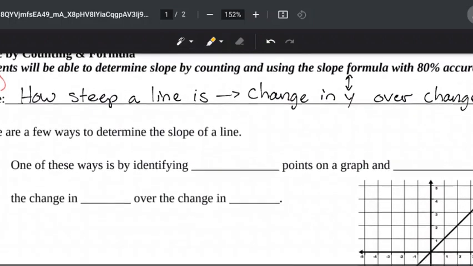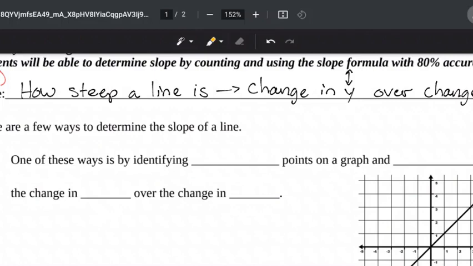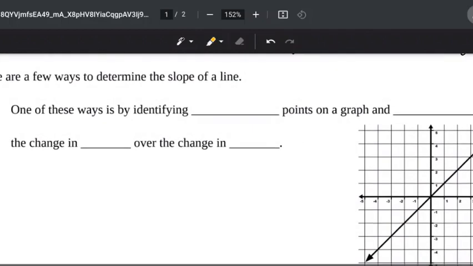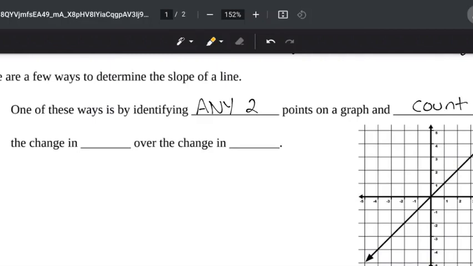Okay. So to go a little bit further, there are a few ways we can determine slope of a line. One of these ways is by identifying any 2 points on a graph. So we just need to pick 2 points on the graph and count the change in y over the change in x.